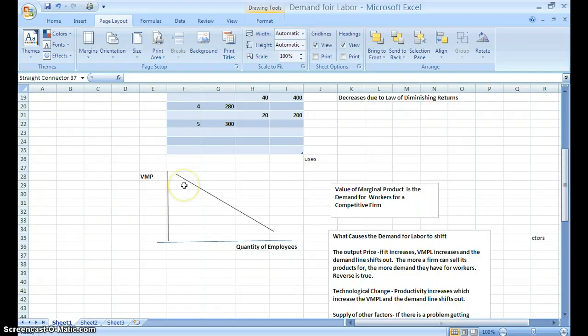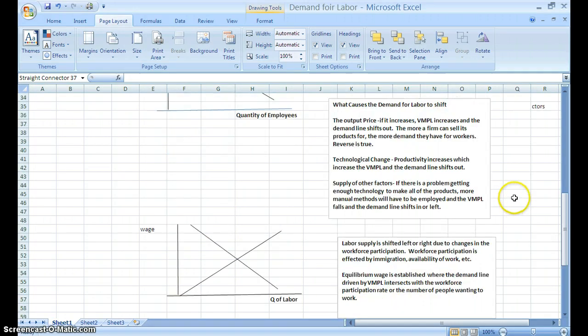The more money I get for the business by hiring another worker, the more I'm going to be excited about hiring another worker. So my demand is going to be driven by how much I get in revenue from a new employee. So that becomes my demand curve and my appetite for hiring more employees.